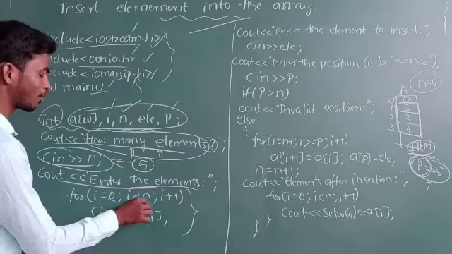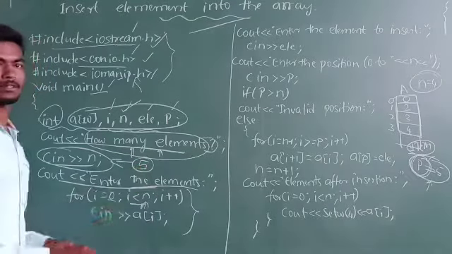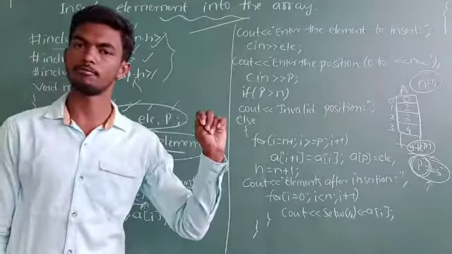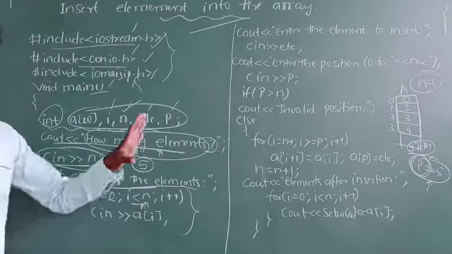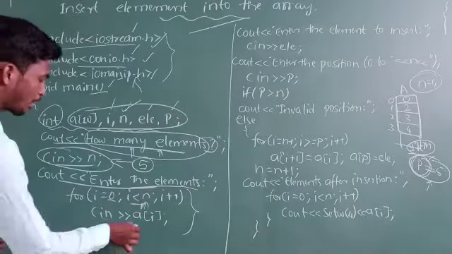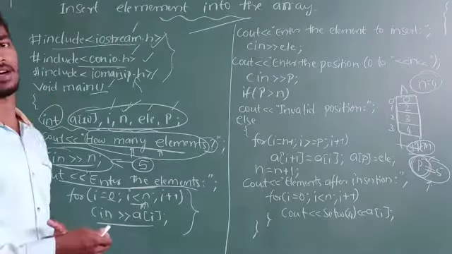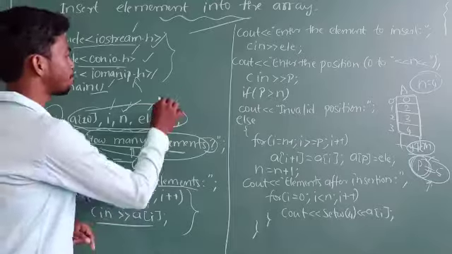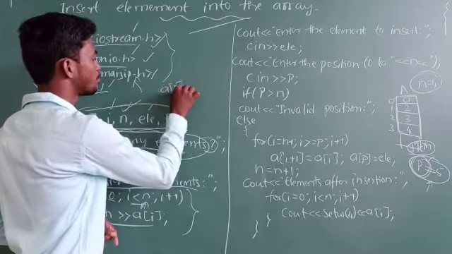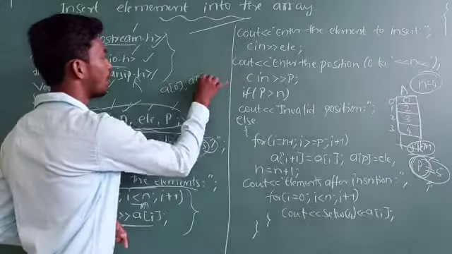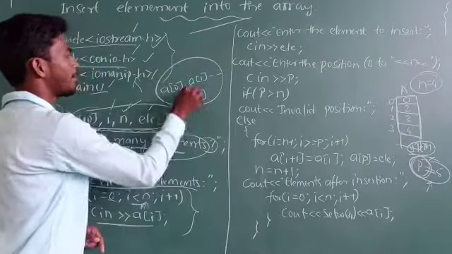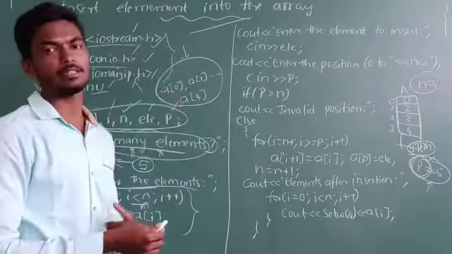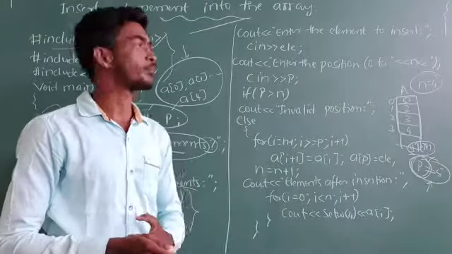This makes it work for 5 elements, 0, 1, 2, 3, 4, which is less than 5. The 5 elements will be entered into the array using cin >> A[i], which are A[0], A[1] up to A[4]. Those are all 5 array elements entered into the array.